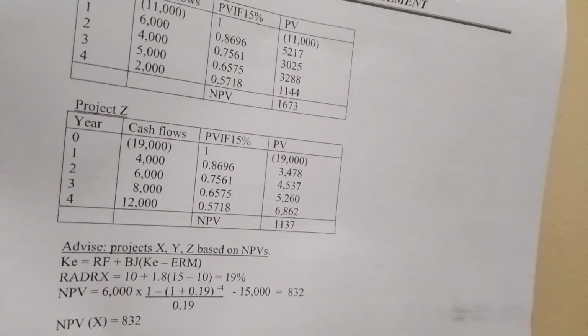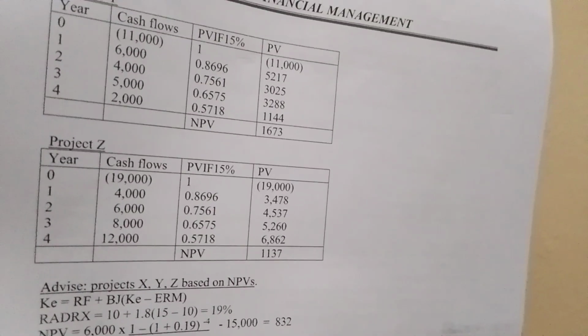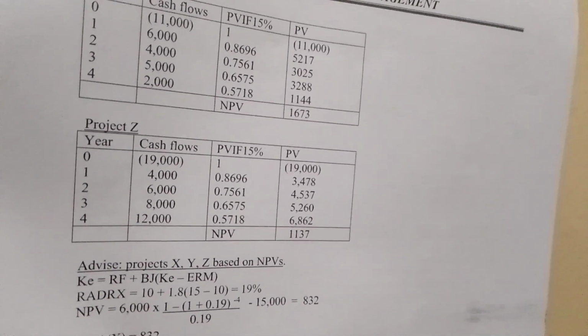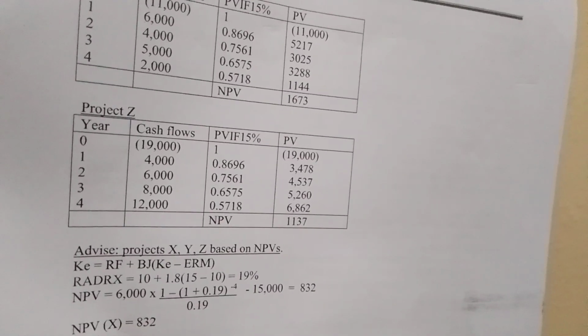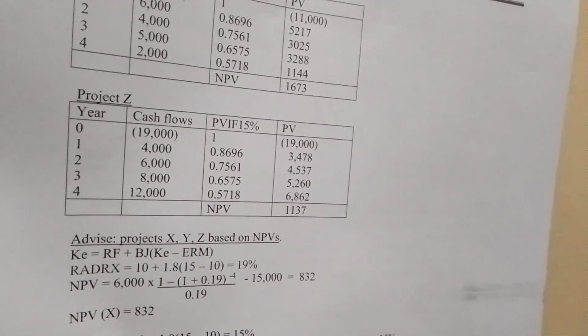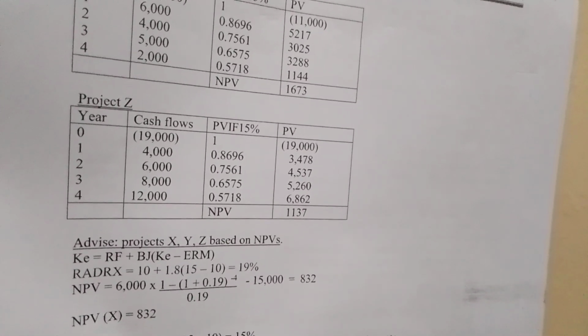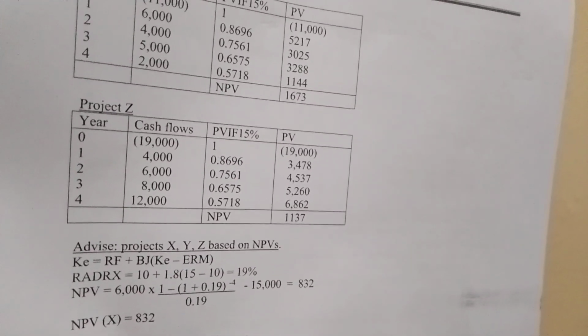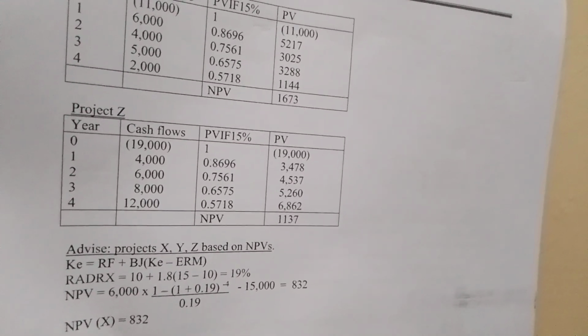Project Z, the same. The cash flows are different. Initial capital outlay for project Z is 19,000. The cash flows we have are 4,000, 6,000, 8,000, and 12,000. Present value interest factor at 15%.